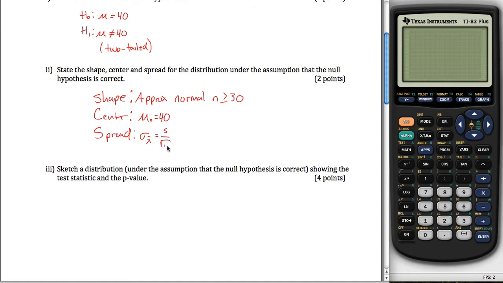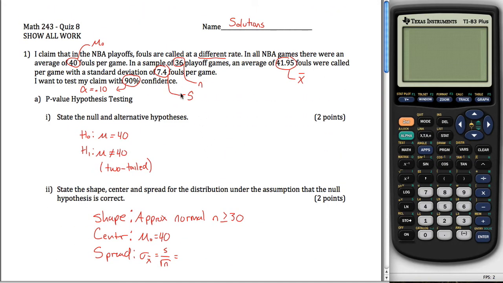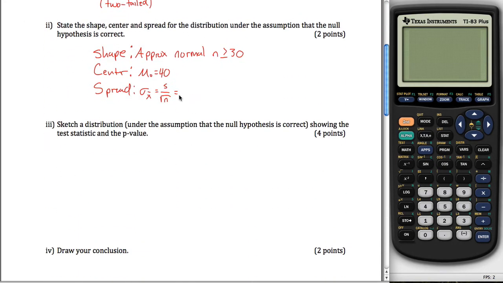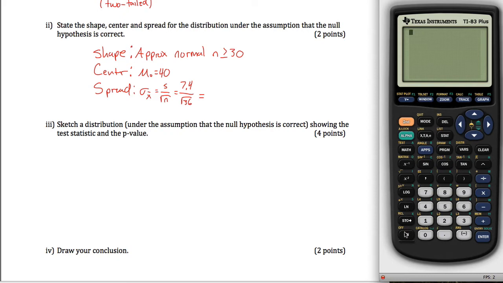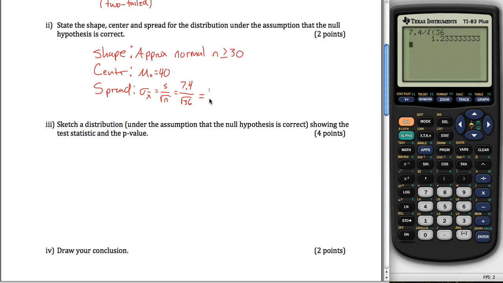S is our sample standard deviation. And both of those things were given to us in the problem. S is 7.4 and n is 36. Does that work out nicely? Not too nicely, I don't think. We could do 7.4 divided by 6, the square root of 36. And you get this 1.23 thing.